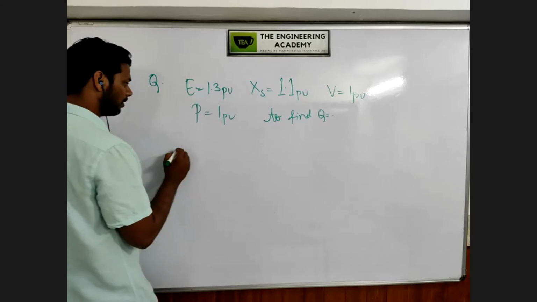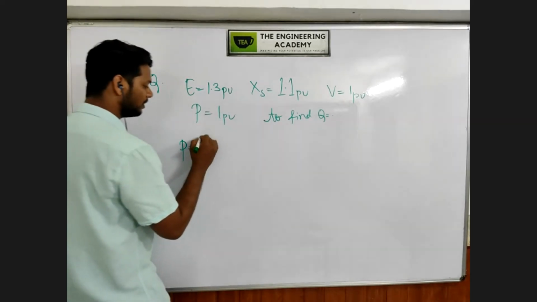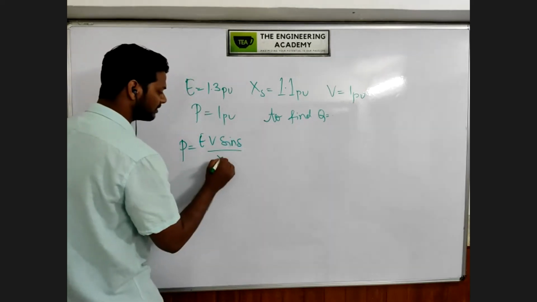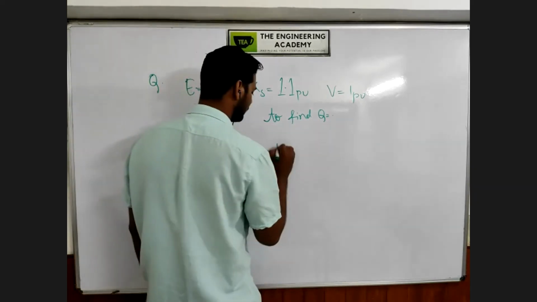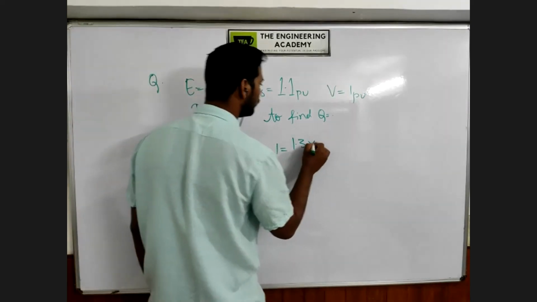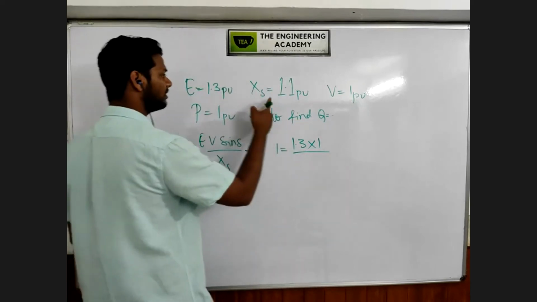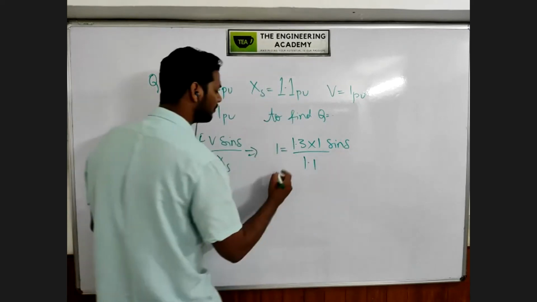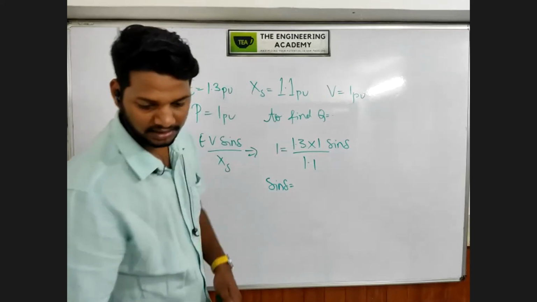So, how to solve this problem? They have given power in per unit, which is equal to EV sine del divided by XS. We know the value of power is equal to 1. So 1 equals E, which is 1.3, into V, which is 1, divided by XS, which is 1.1, into sine del.